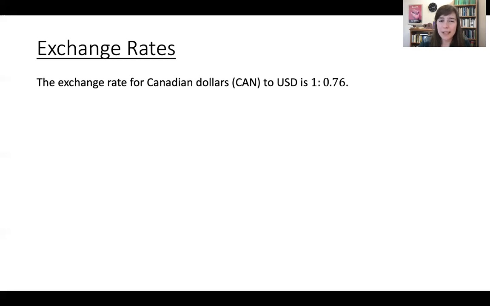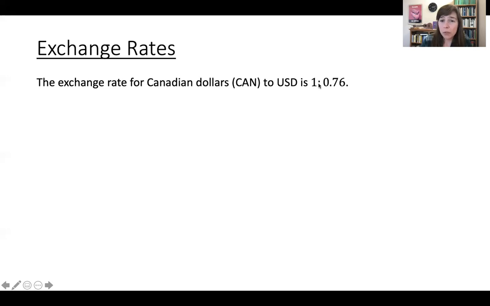The answer, and I get a lot of mixed responses on this when I ask this in class, is that the US dollar is worth more. I think a first instinct is that people say, oh, the Canadian dollar is worth more because look, in this ratio, you have more Canadian dollars than US dollars. But let's think again what this ratio means. This ratio means that if you had a Canadian dollar, you could only trade that for 76 American cents.